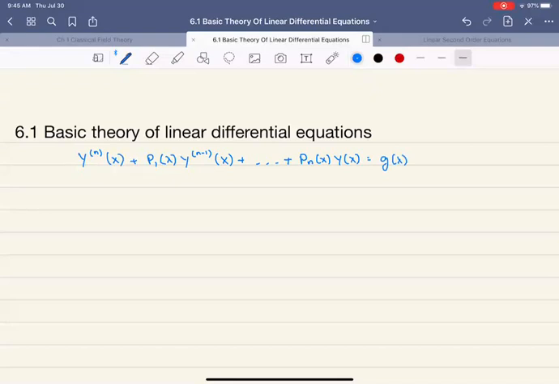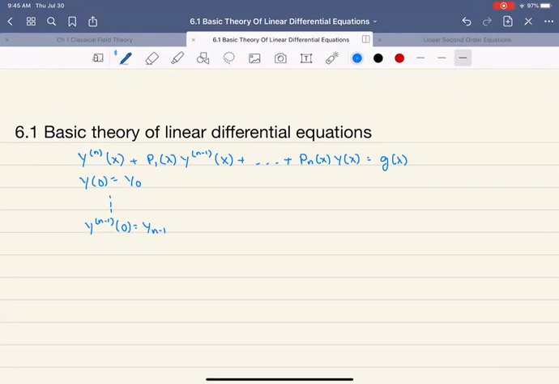We see this is an nth order differential equation, so we need n initial conditions. So we'll say y of 0 equals y0, all the way down to y sub n minus 1 of 0 equals, we'll call it y sub n minus 1.